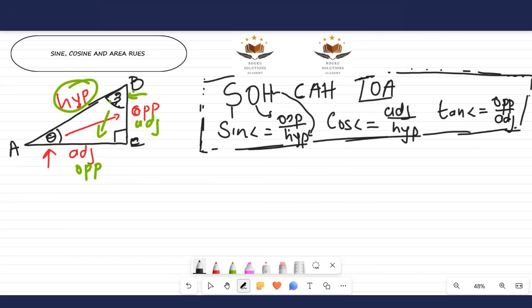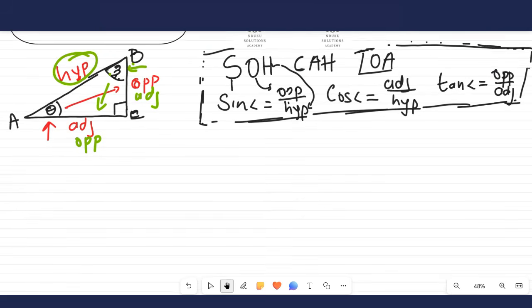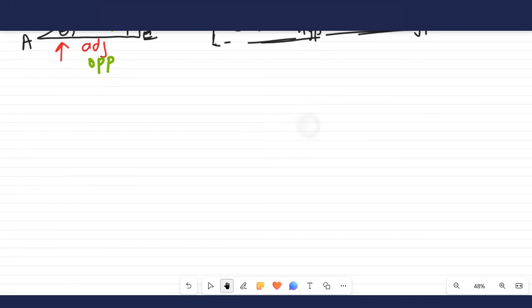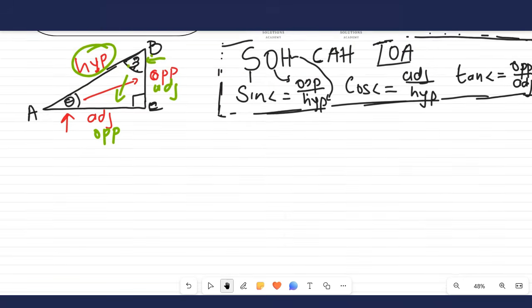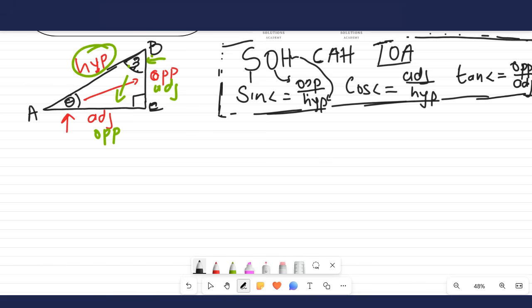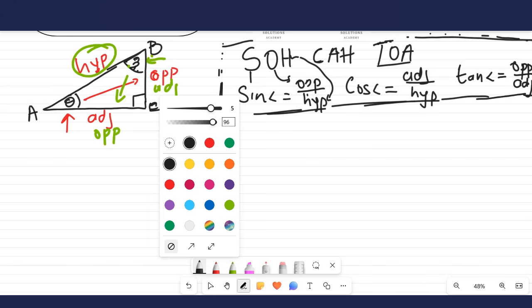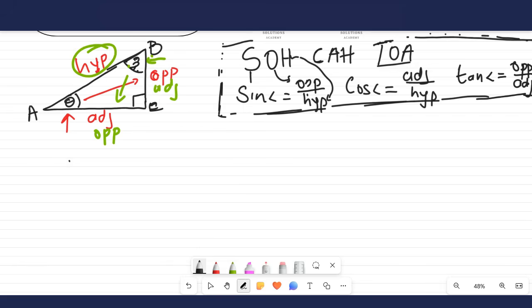I would also like to give you an example. Let's come this side. As far as this triangle is concerned, I would say my sine of theta will be equal to the opposite.